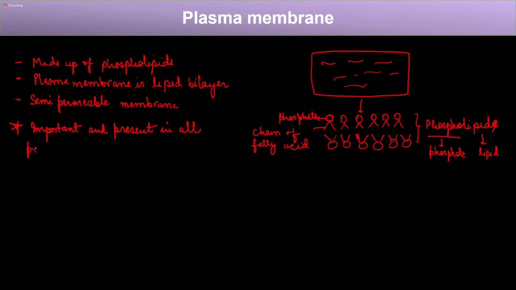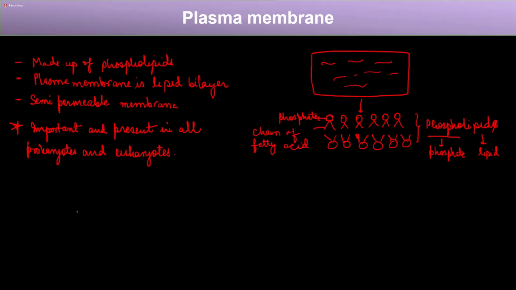There is no cell that does not contain a plasma membrane. So we have also studied in brief what the plasma membrane is, what it is made up of, and what its function is.